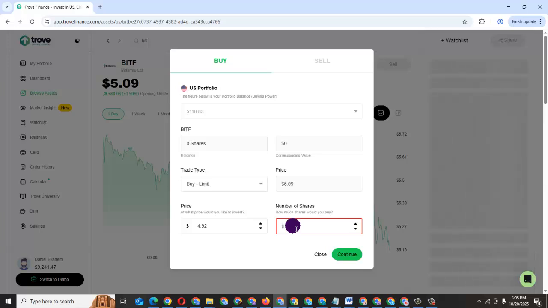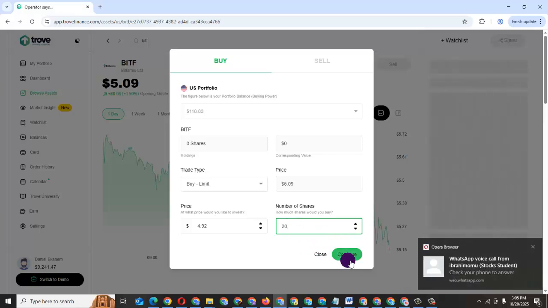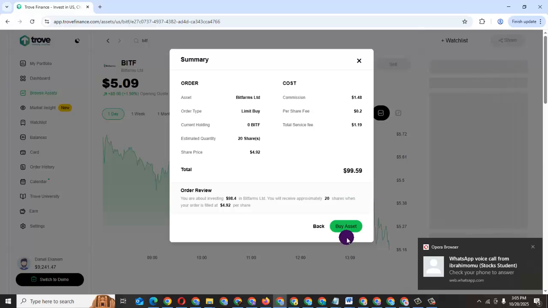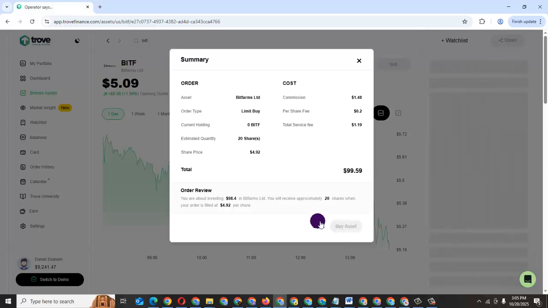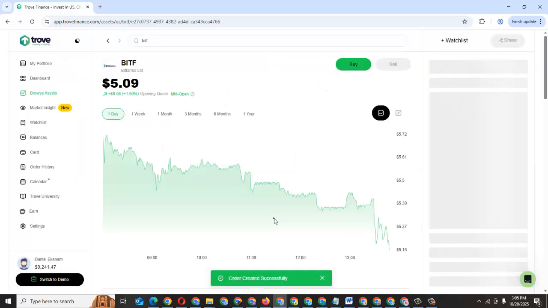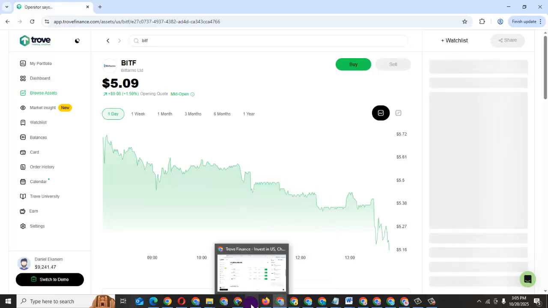Can I buy 20? I think I can buy 20. Good. So I can buy 20 units. Once it peaks, I will come back again to set the limit option, that is the take profit.